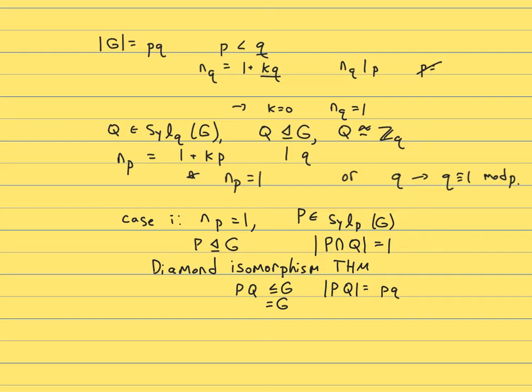This textbook hasn't talked about direct products yet, but from an undergraduate course you might recognize that in this case, when you actually manage to write G as HK, and H intersect K is the identity, then it is a fact that G is actually isomorphic to the direct product H times K. So in particular, G is actually isomorphic to Z_p times Z_q.